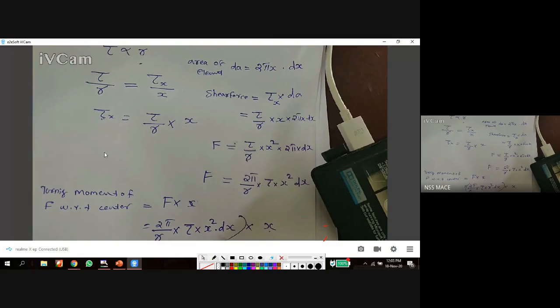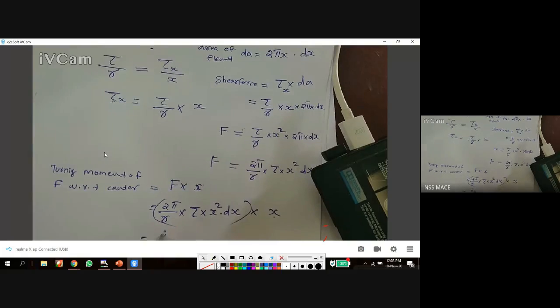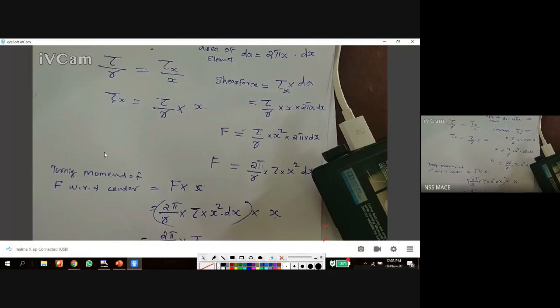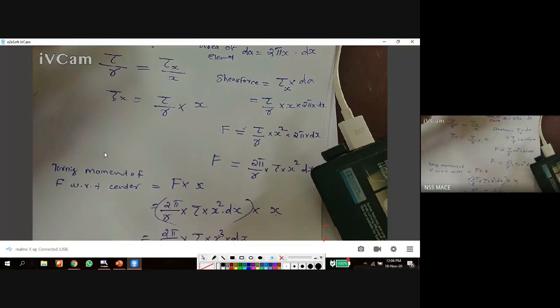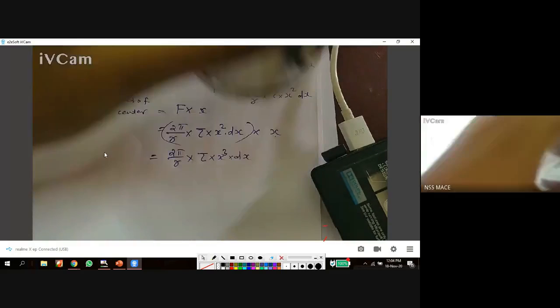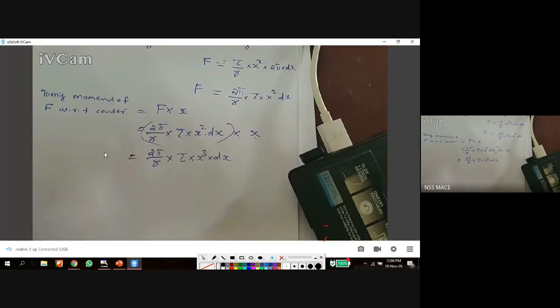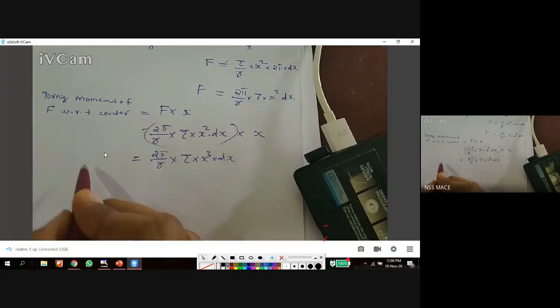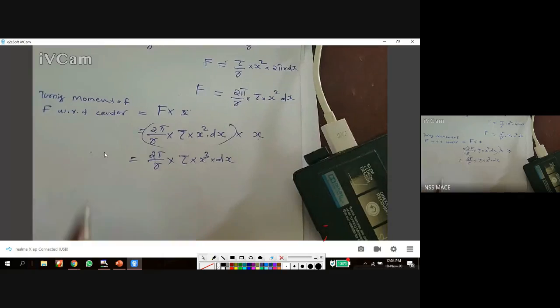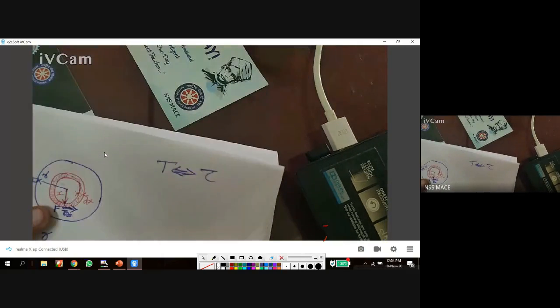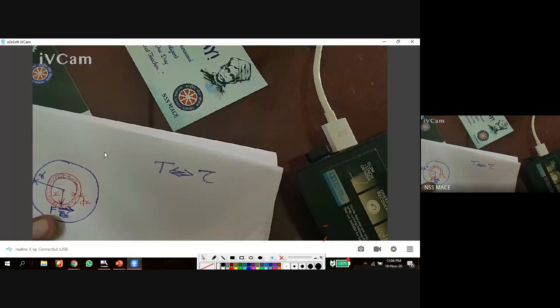This is F. So we can write 2 pi by R into tau into x square into x, that is x cube into dx. That is the turning moment of that force. ഈ ഫോഴ്സ് ഉണ്ടാക്കുന്ന ടേണിംഗ് മൊമെന്റ് ആണ് കിട്ടിയത്.